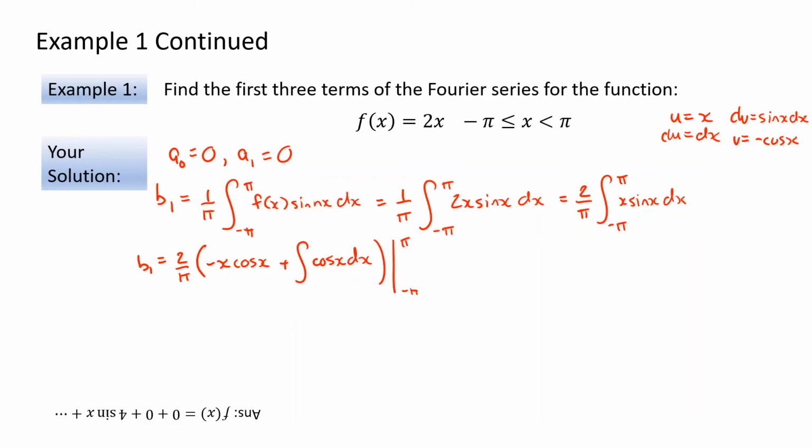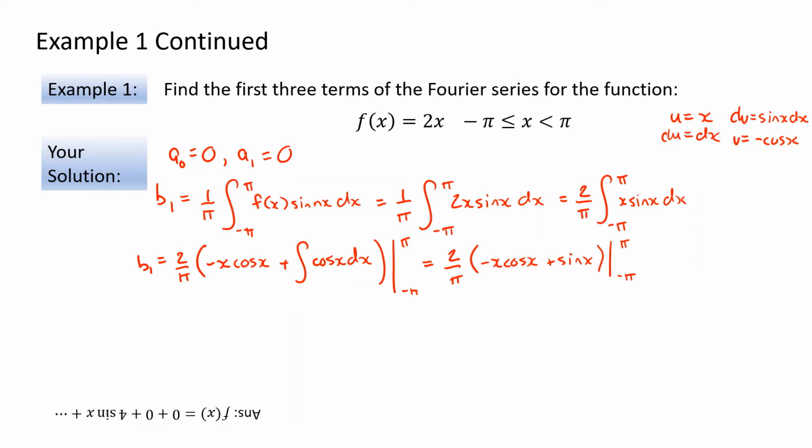So we know the integral of cosine of x is sine of x. Again, you'll be seeing these integrals a lot. So this is equal to 2 over pi, times negative x cosine of x plus sine of x, and that's evaluated at pi and negative pi.